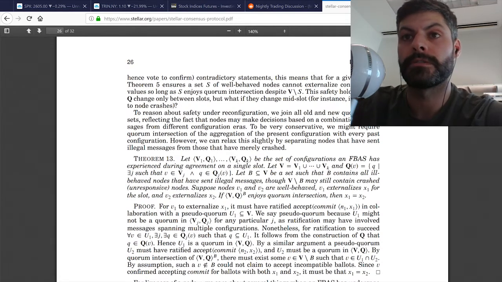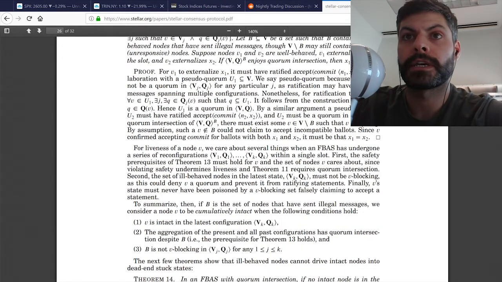See proof below. For liveness of a node V, we care about several things when an FBAS has undergone a series of reconfigurations in the tuple V1Q1 all the way to VKQK within a single slot. First, the safety prerequisite of Theorem 13 must hold for V and the set of nodes V cares about, since violating safety undermines liveness and Theorem 11 requires quorum intersection.